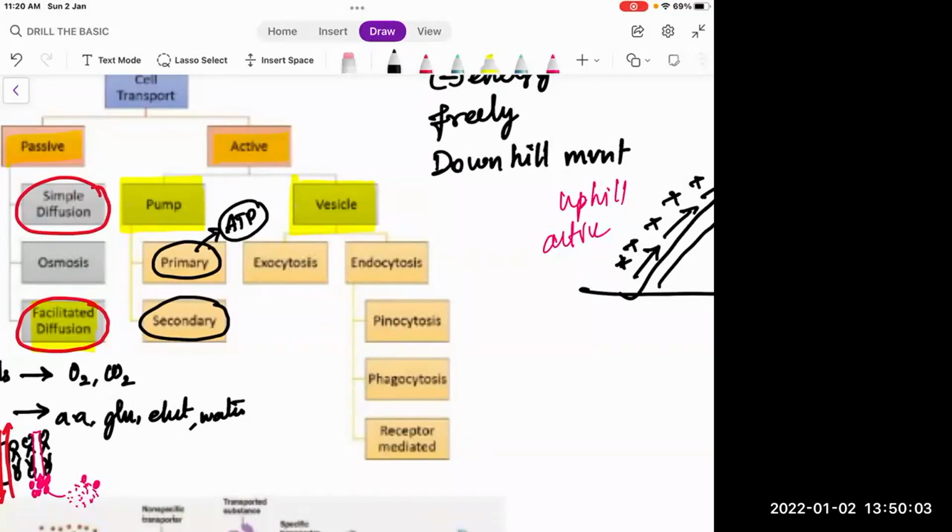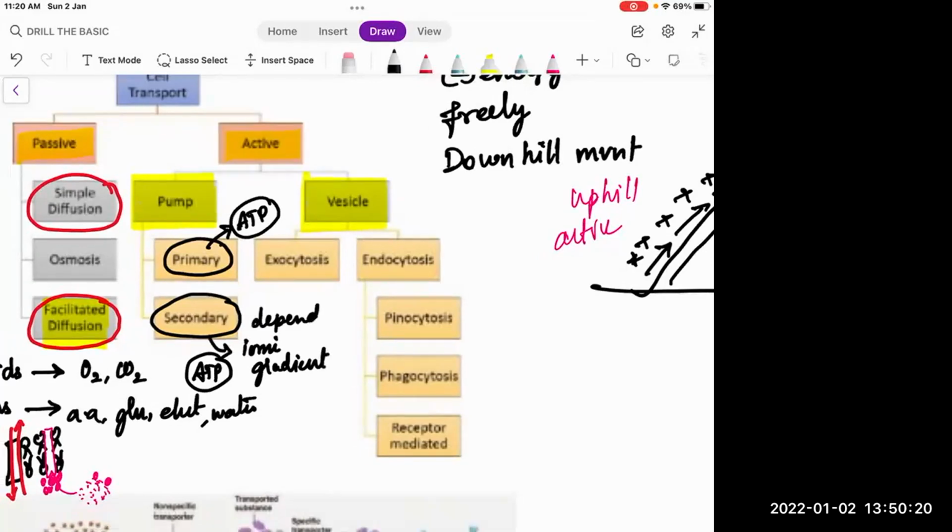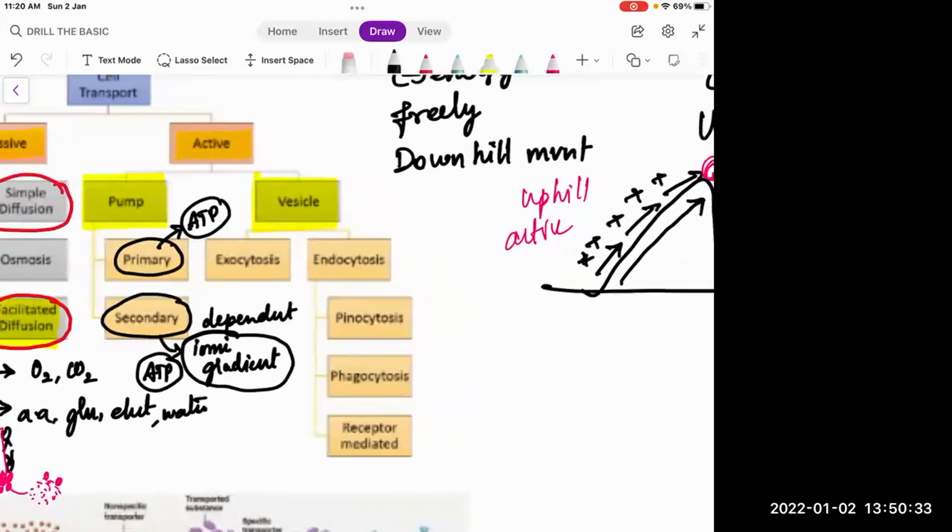In secondary, it is also ATP, but it is specifically dependent on the ionic gradient, the concentration gradient of the ionic molecules which are about to be transported across the cell membrane. So that is active transport.